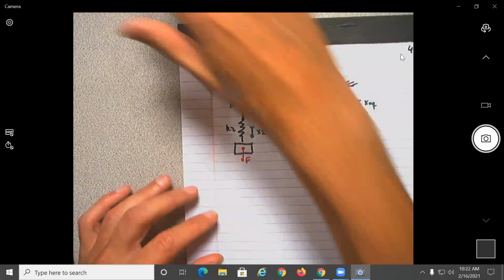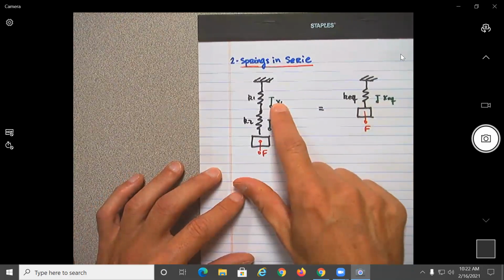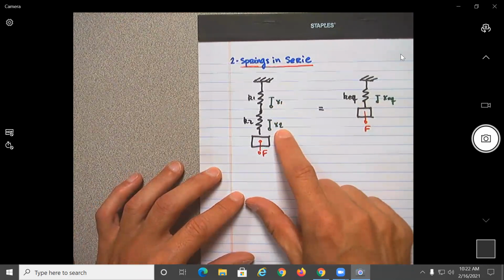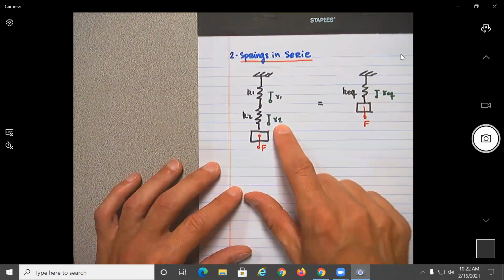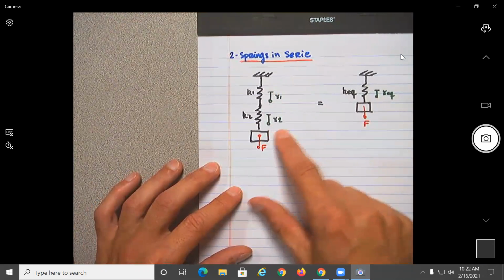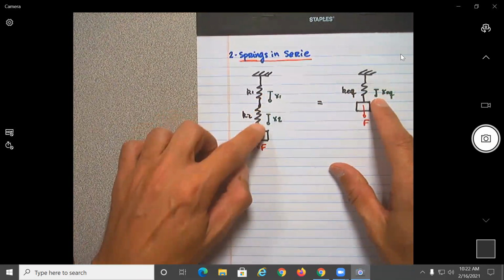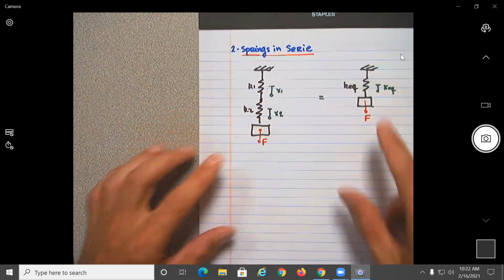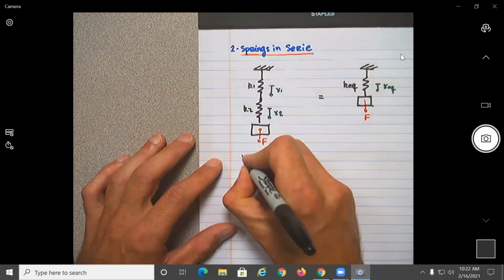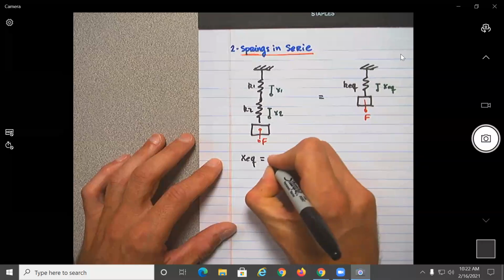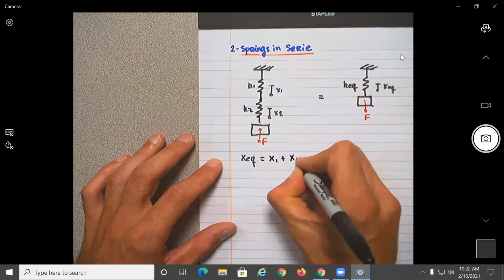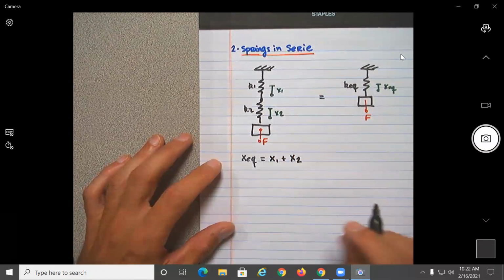However, in this case, can you say that the total deformation will be X1 plus X2? Yes, no? The total deformation of the spring, how much this is going to move, needs to be equal to X1 plus X2. So we could just rewrite that X equivalent will be equal to X1 plus X2.